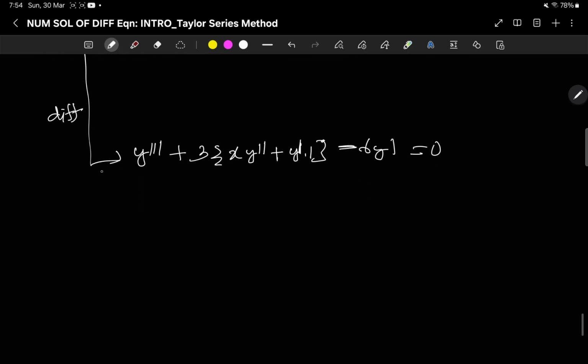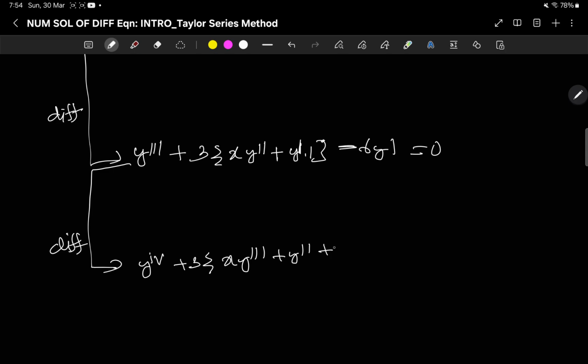If you again differentiate it, it will give you y fourth derivative plus 3 into x y triple dash plus y double dash minus 6y double dash is equal to 0.